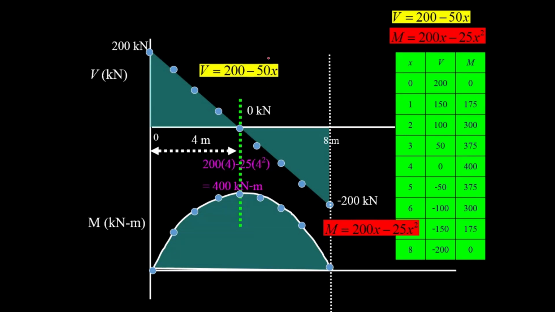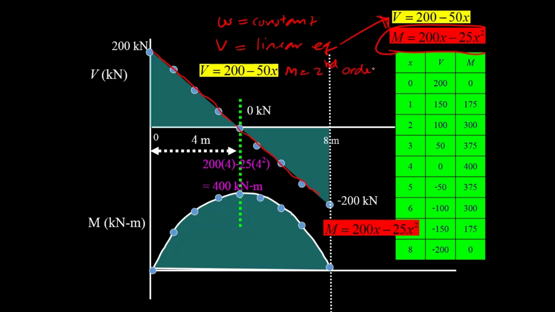For W a constant, you will have shear as a linear equation, so the shear diagram is linear. And the equation for the M over here is going to be a second order polynomial equation.